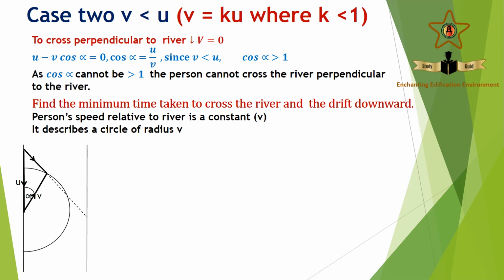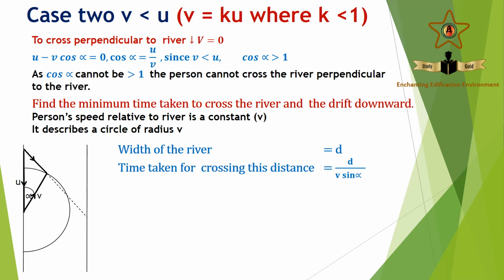In this diagram, the person swims at an angle alpha to the upward river. The width of the river is d as usual. The time taken for crossing this distance is d over v sin alpha.